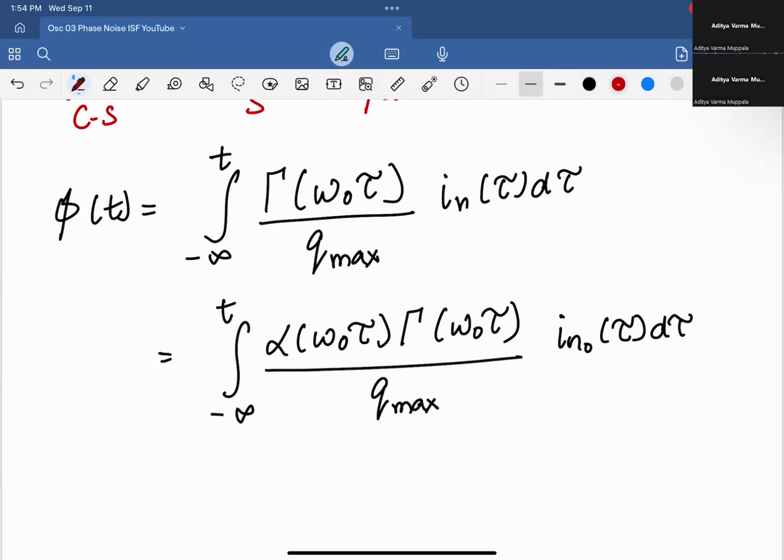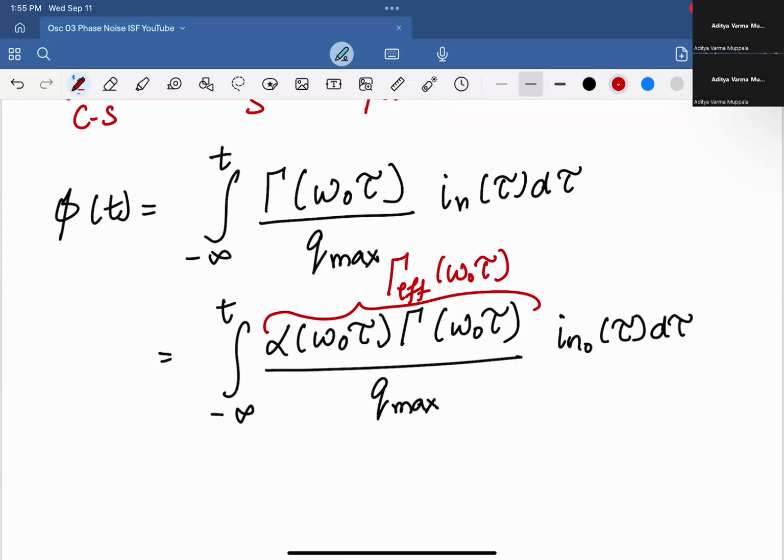And this is called the effective ISF, gamma effective. What that is saying is that you can redefine the ISF to include the periodicity in the statistics of the noise source.